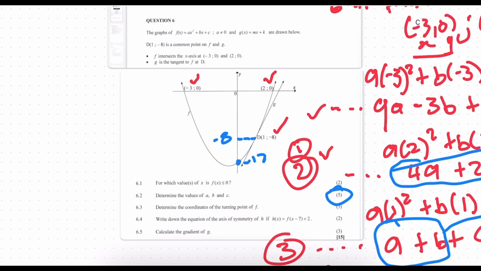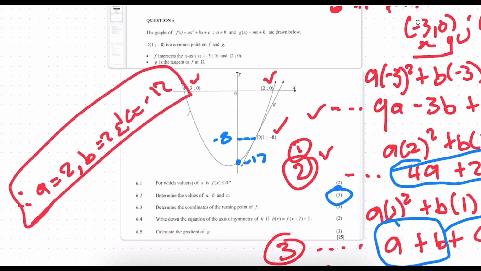When you conclude your question, you'll say, therefore, a is equal to 2, b is equal to 2, and C is equal to minus 12, at the bottom of your working. These are your answers.